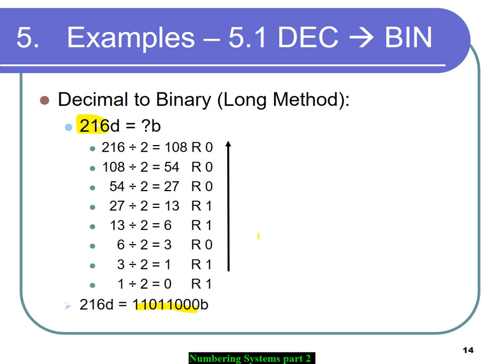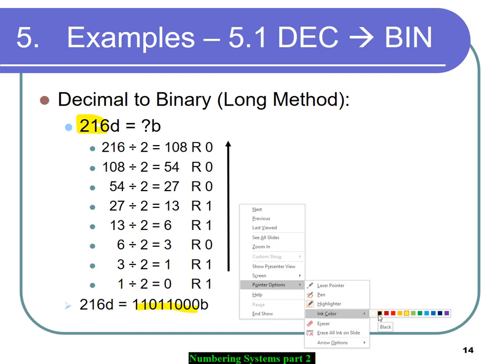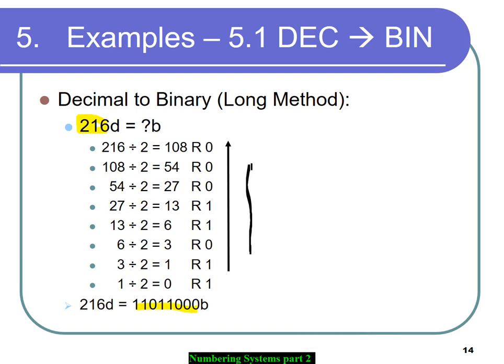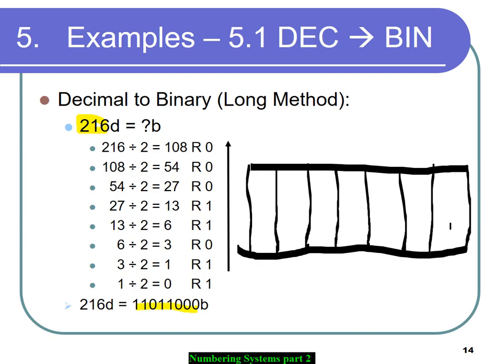Because this is the longer method. So to make this easy for you, let's put this in this way. Drawing the table again. 1, 2, 3, 4, 5, 6, let's call that 7. You have that there.